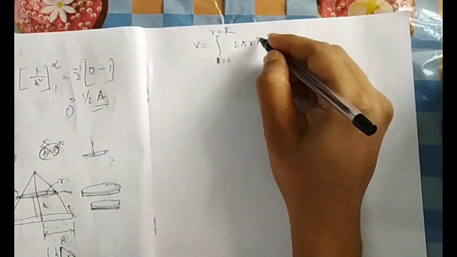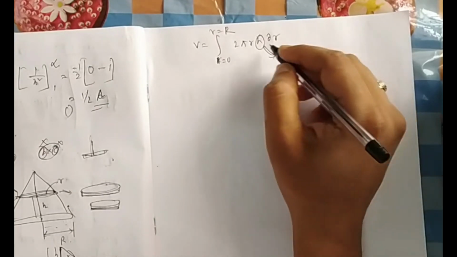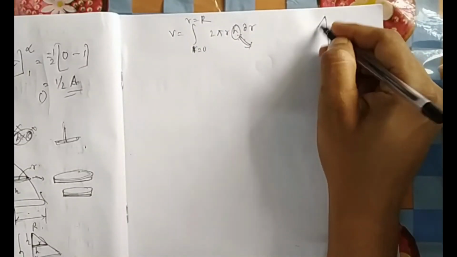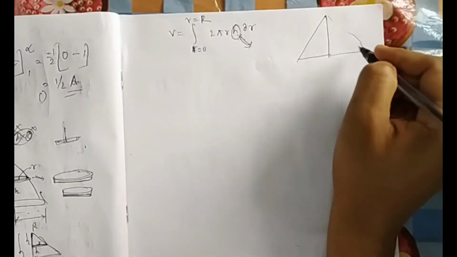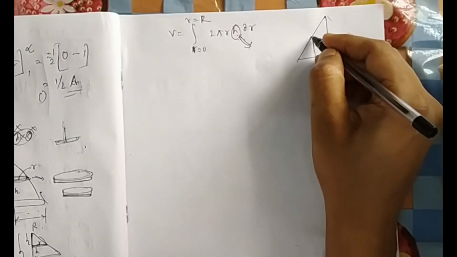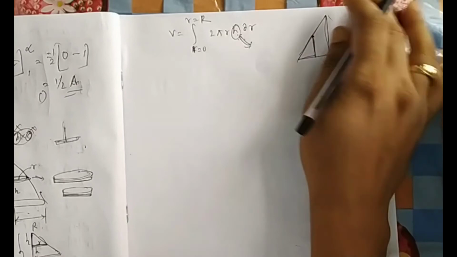But here you can see this h is an extra variable. So you have to replace this h in terms of r using some sort of geometry. You can again think of the triangle now this way. So this is your triangle now. This triangle and this triangle are similar triangles.